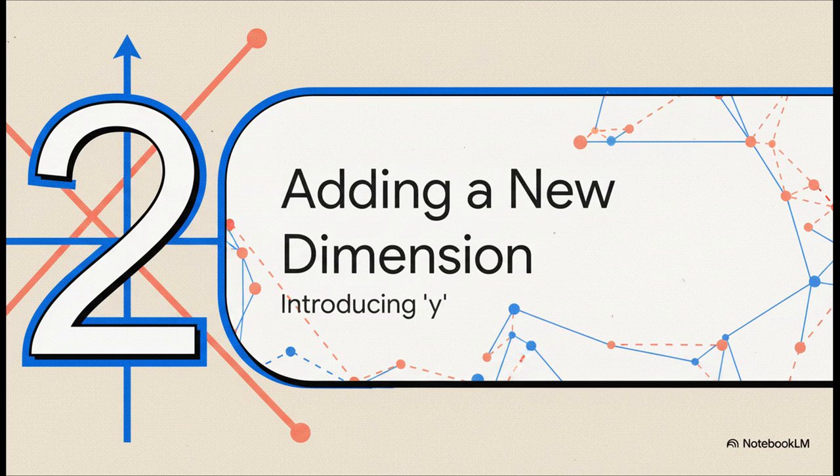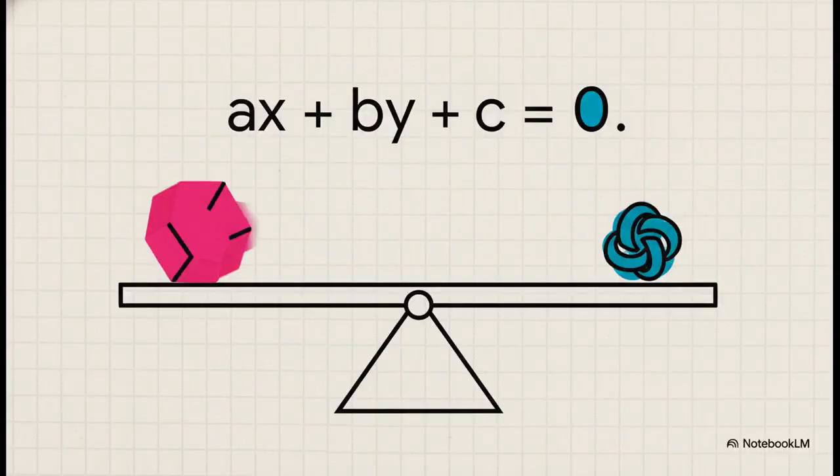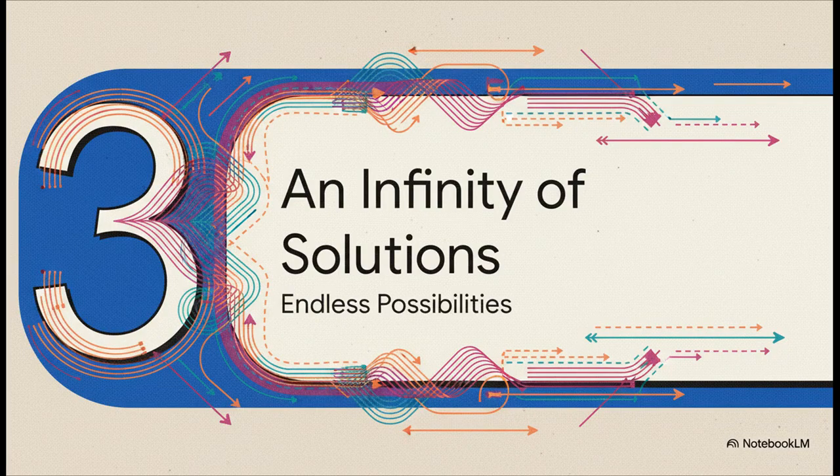But things get a whole lot more interesting when we break out of that one-dimensional world. Let's see what happens when we introduce a second character into our story. So what happens when we throw a y into the mix? Well, we change the entire game. The equation is no longer about finding one fixed value for x. Instead, it becomes about describing a relationship, like a partnership, between x and y. And this is where it gets kind of mind-blowing.